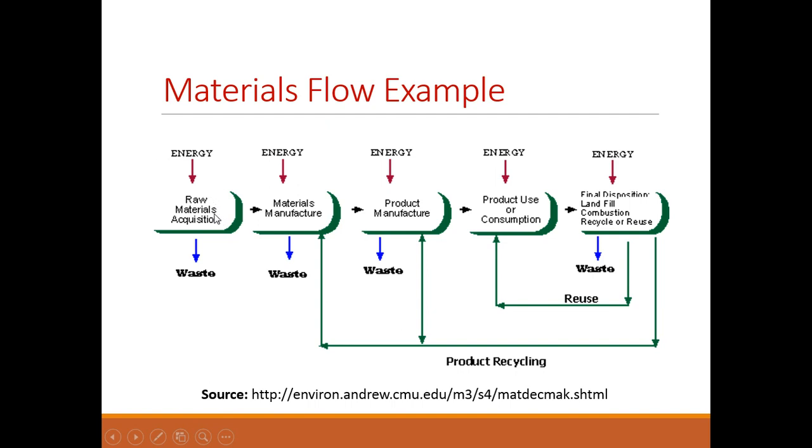They will need equipment for harvesting, and in the process waste will be produced. Now we take these raw materials for manufacturing, let's say a sawmill. This sawmill is going to have to cut the timber into planks and different shapes. Again, energy is needed, and every time we use energy we produce waste as well. And in the manufacture of that we produce waste in terms of sawdust, etc.